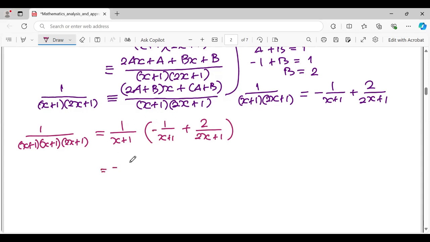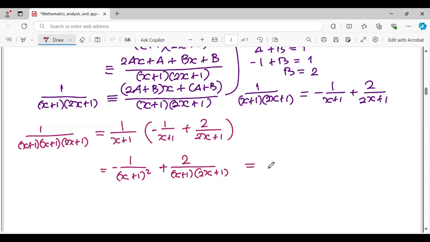This times this becomes minus 1 over x plus 1 squared. Okay? And then this term times this term becomes plus 2 over x plus 1 times 2x plus 1. And the next step, we'll continue to expand.